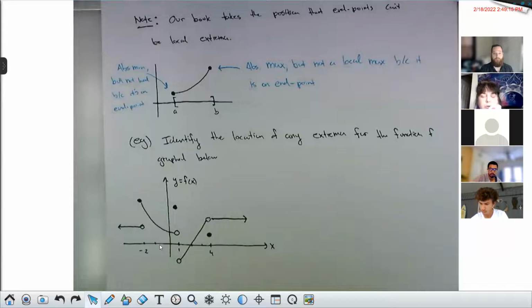So the top one's a local max. Yeah, this point right here is a local max. That's correct. So here's how I want to encourage you to think about it.